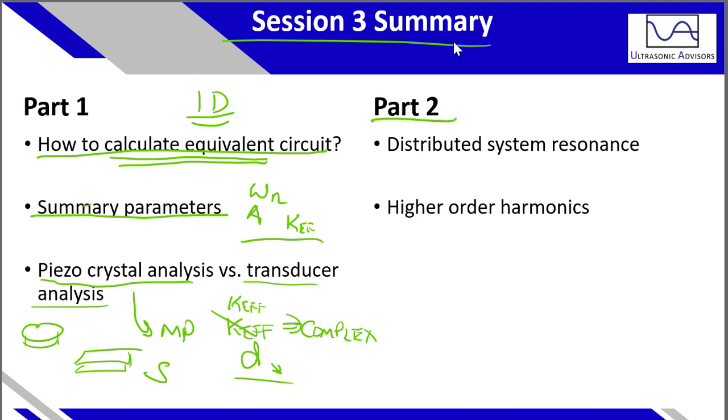In part two, we took a look at distributed system resonance using finite element analysis and higher order harmonics as well. With the multiple branches of our LCR circuit, we could actually represent multiple resonant modes.